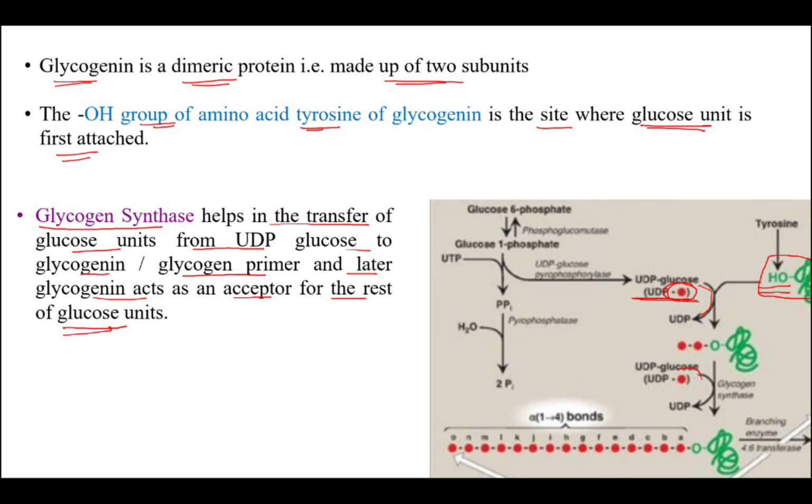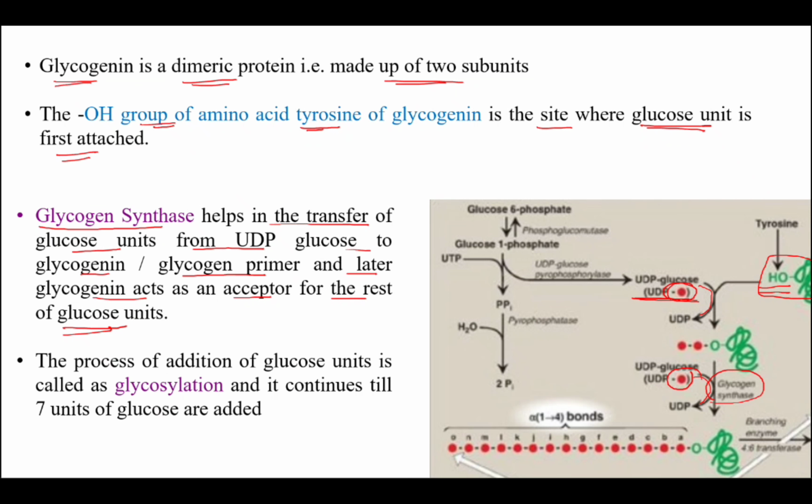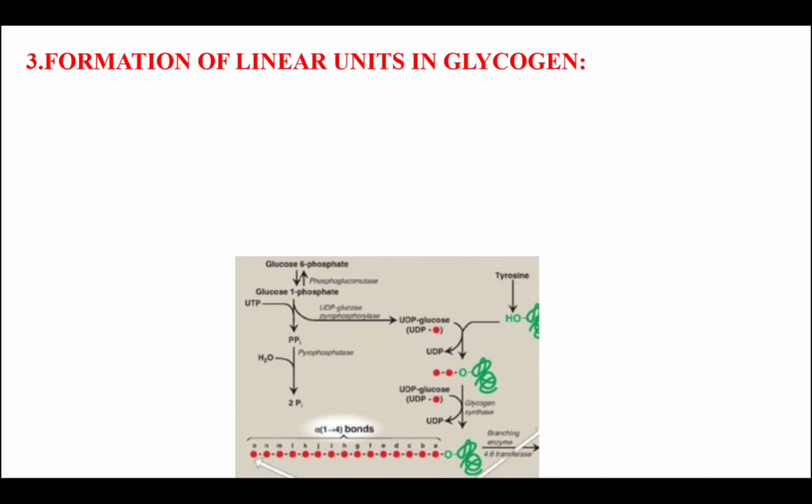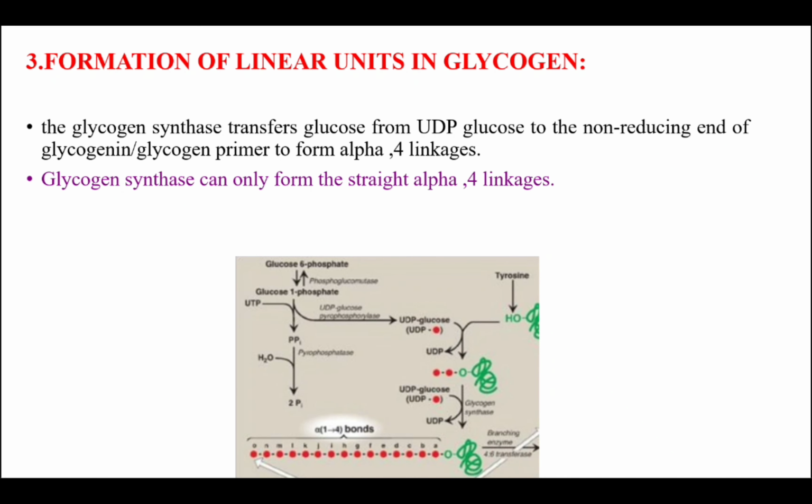Initially, when the glucose unit is attached to the primer in the presence of glycogen synthase, later the entire molecule acts as an acceptor for the rest of the glucose units. The process of addition of glucose units is called glycosylation, and this continues in a linear fashion till 7 glucose units are added.